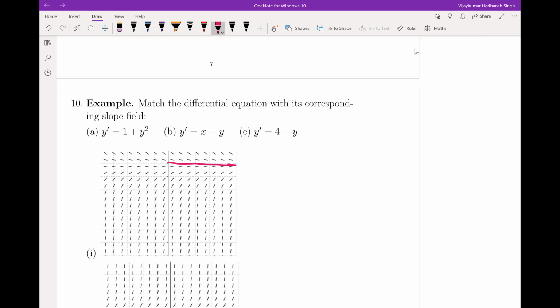The solutions are becoming zero. At the equilibrium at y equals 4, y prime is becoming zero. So therefore, in this case, at y equals 4, it's becoming zero. So this is the same as C.